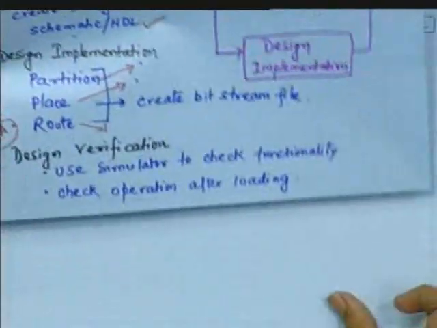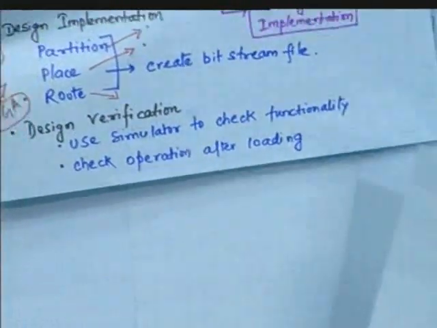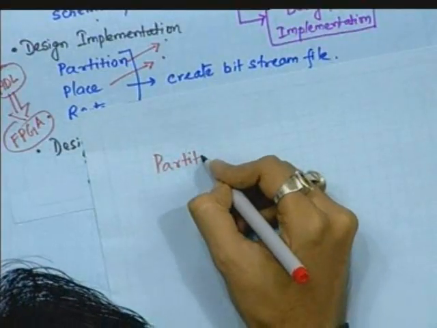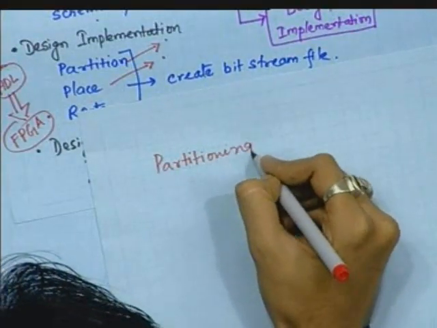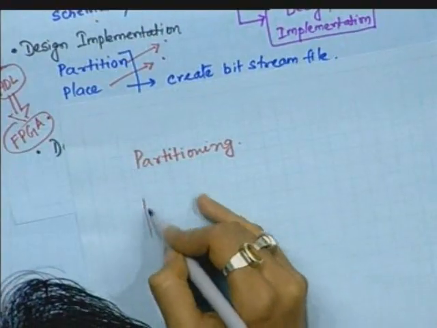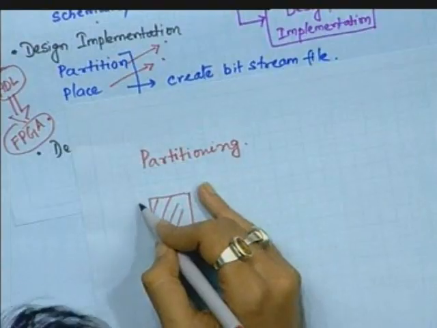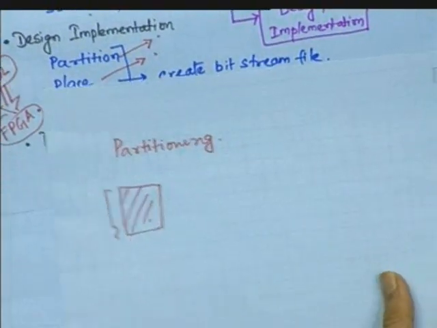Now, what is this? What happens in partitioning? Suppose you have an HDL block, whether Verilog or VHDL.